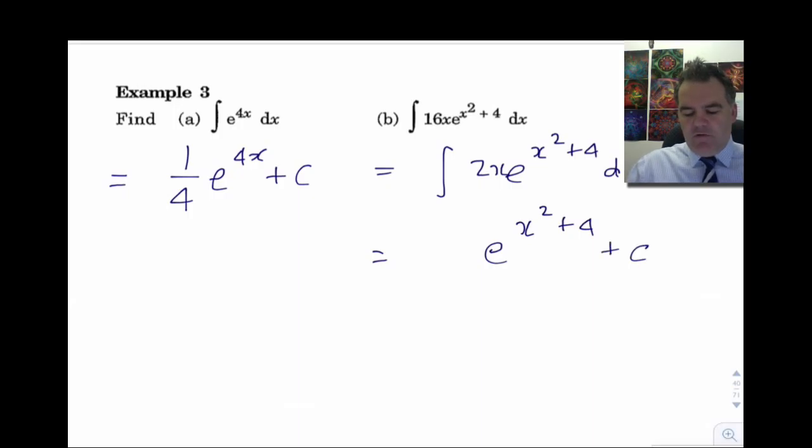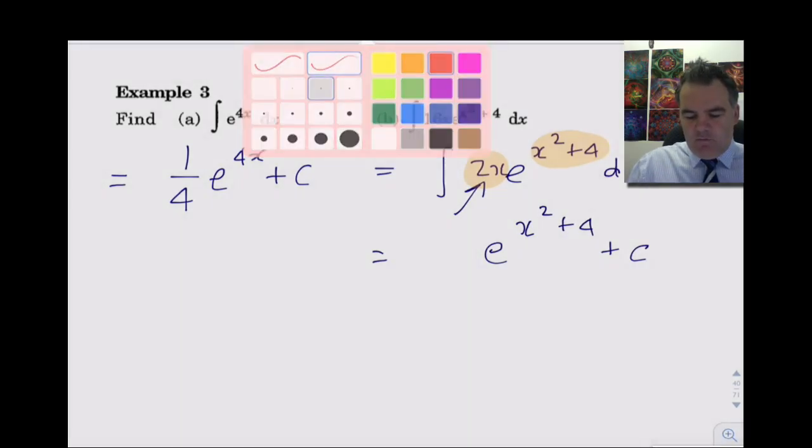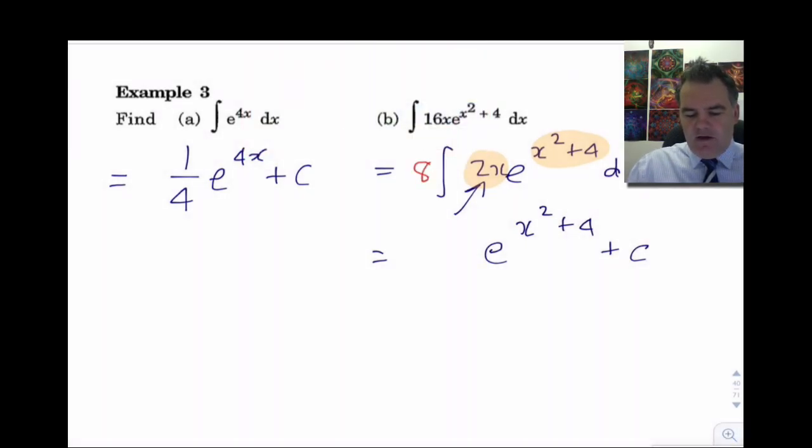But the thing right there has to be the derivative of this function here. Now in this case we're not quite there, we want 16x, so I'm just going to adjust for that and put an 8 out the front. And now that's correct. If you look at this step here, we now have exactly what the question says, that is 16x e to the x squared plus 4. I've taken the 8 out, so now I can just bring the 8 in, and now that's the answer.